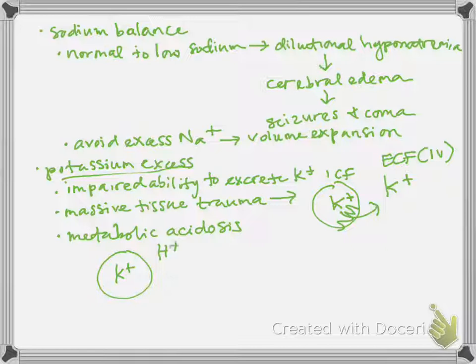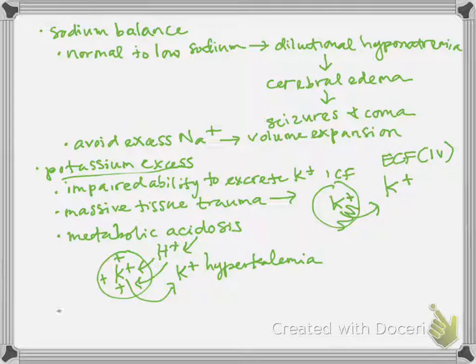However, when we have hydrogen ion excess, as in acidosis, hydrogen ions have this affinity to go inside the cell. And we know when that environment becomes too positive, potassium has to leave. So potassium is going to exit the cell when you have an excess of hydrogen ions entering the cell, causing hyperkalemia. So there are multiple reasons for why these patients develop hyperkalemia.